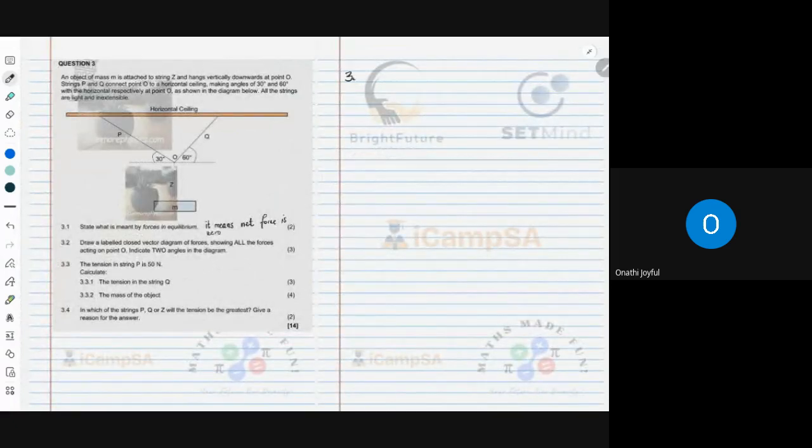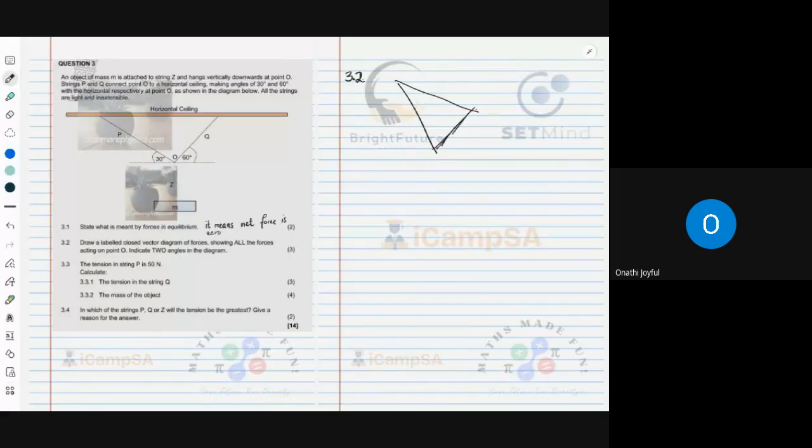So 3.2, if you remember a closed vector diagram, guys, it's a vector diagram, it's a triangle usually, right? Where you make sure that all these vectors are connected. You draw them connected in the same order. You don't change the way they are in the diagram. You keep them as they are, but they must form a triangle.